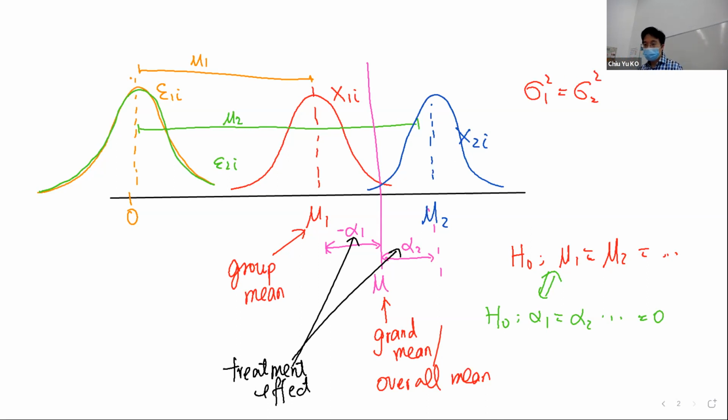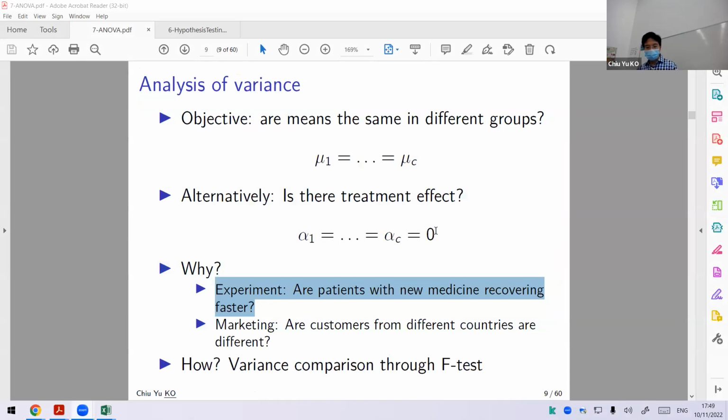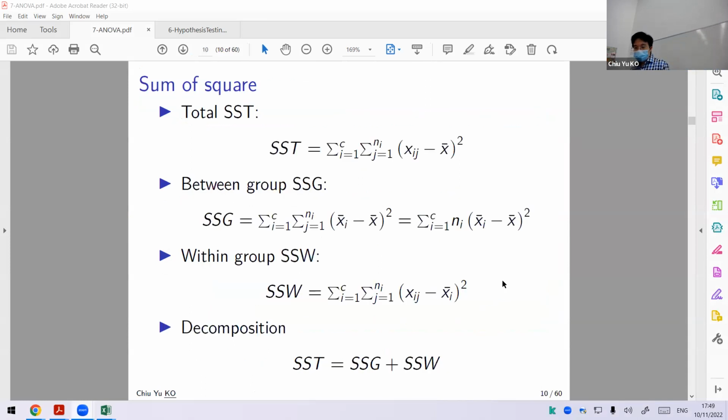Okay, and let's go back to here. Later you will see that this will play a crucial role because we look at the variance. So here we have a bunch of calculations, and you will see how we can do this method.